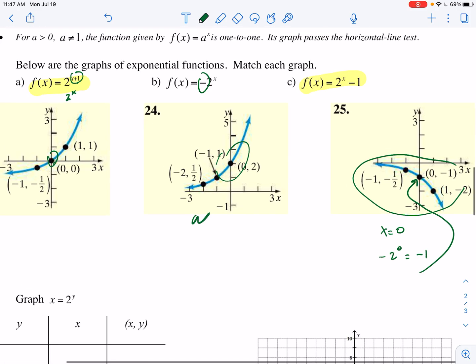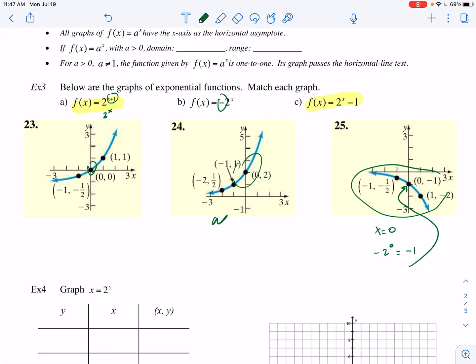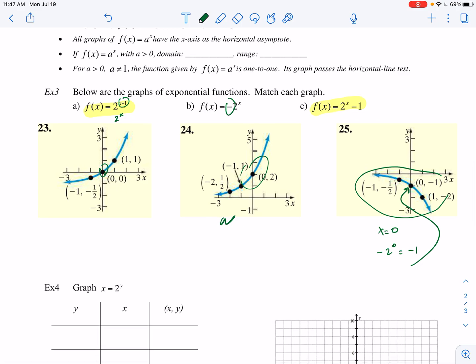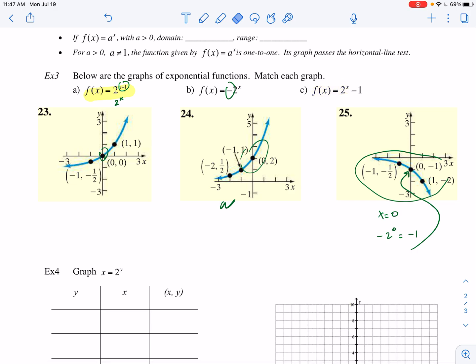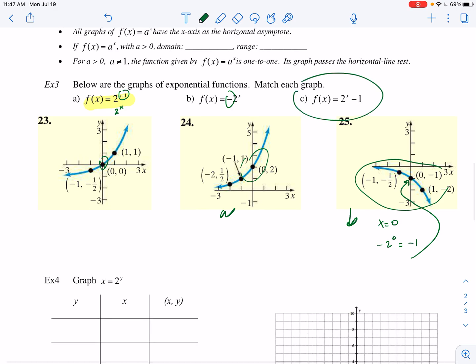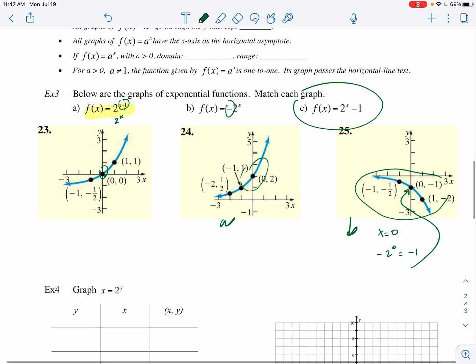So that's another thing you can tell, just pick these up as you go: how do I know, as a shortcut, pretty quickly what the graph looks like based on the translation. So this is B, right? Now part C, this function C. Notice that you subtracted 1 after you take 2 raised to the x.